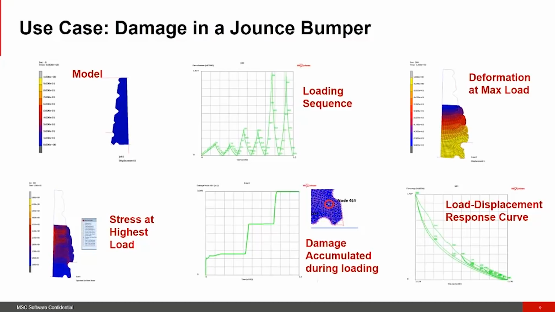And in the middle, we see the loading sequence, and we also see the deformations at maximum load case. You can view the stresses at highest loads. And on the lower side, in the middle, you see the damage that was accumulated during the loading. And finally, on the right-hand corner, you see the load displacement curve for the total model. So this is for the total jounce bumper.